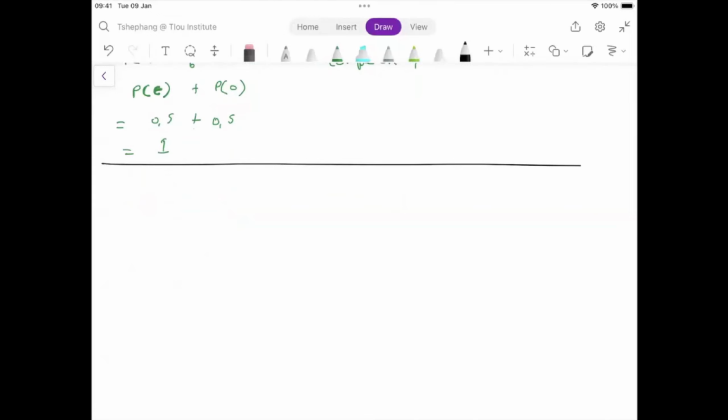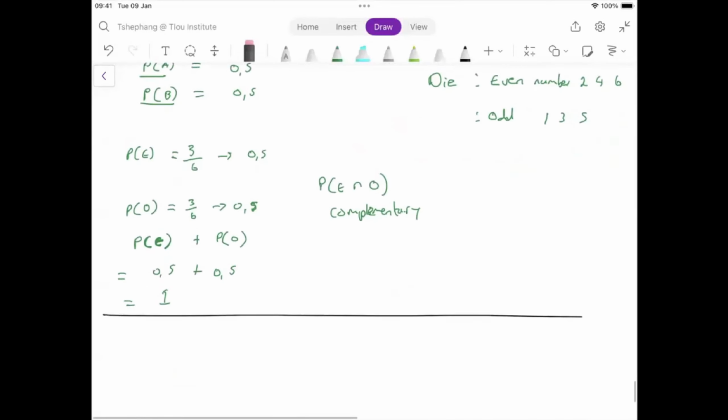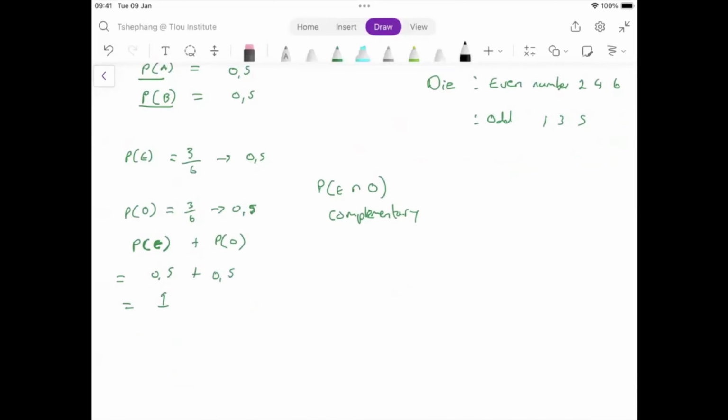Now, while we're on the complementary event, remember I explained that they must give you 1, and also, remember something, let me just erase this. I'm going to need to write more.